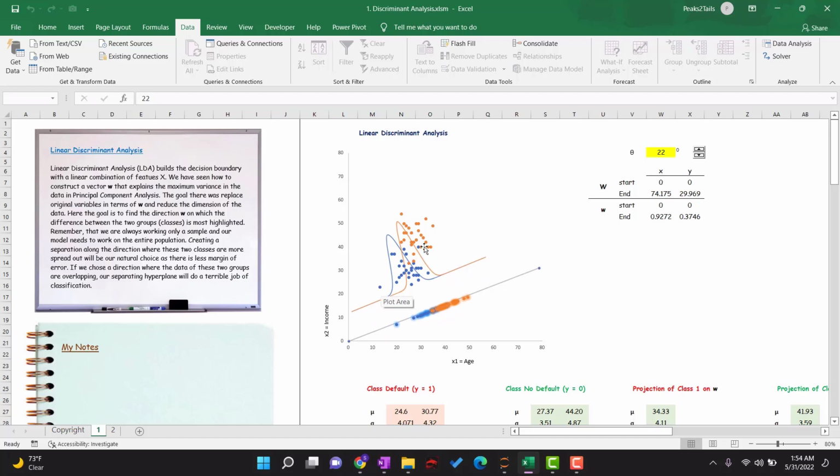The parameters of the normal distributions that I have plotted here depend on the projections. I have projected all the blue dots and orange dots on this W, and from these projections you calculate the projected mean and the projected variance, and accordingly construct the normal distributions.